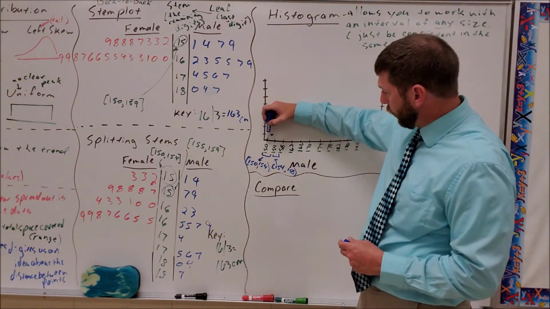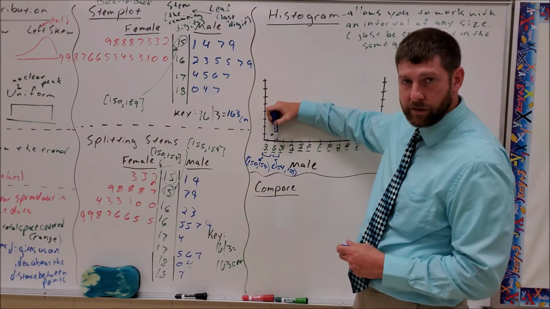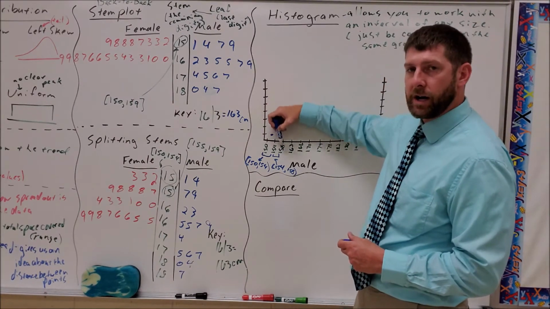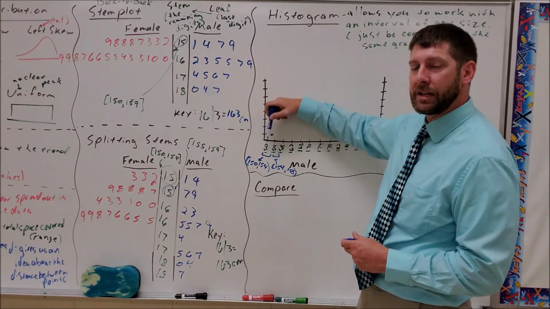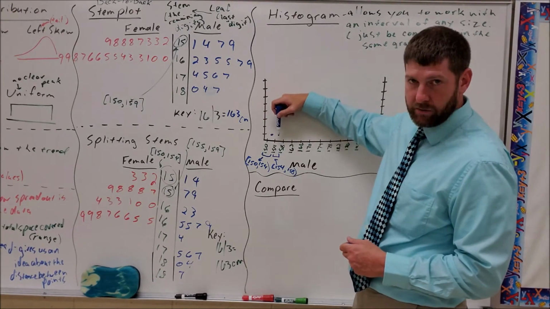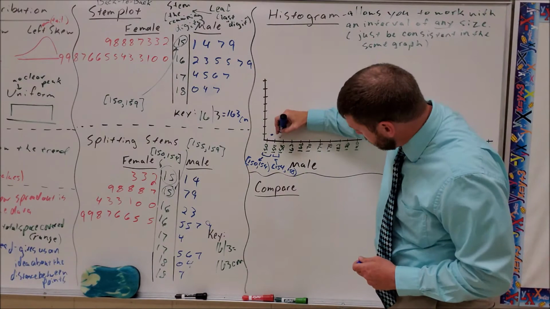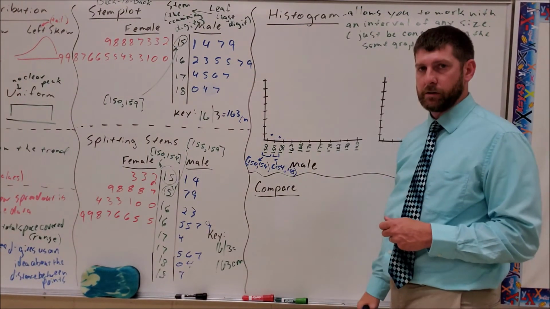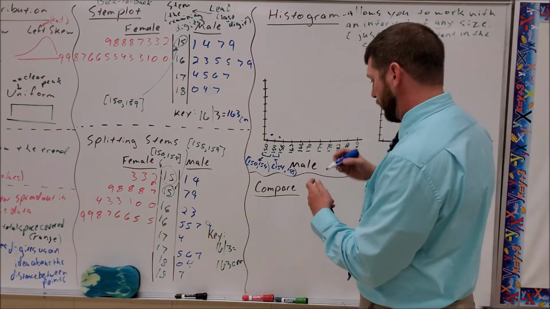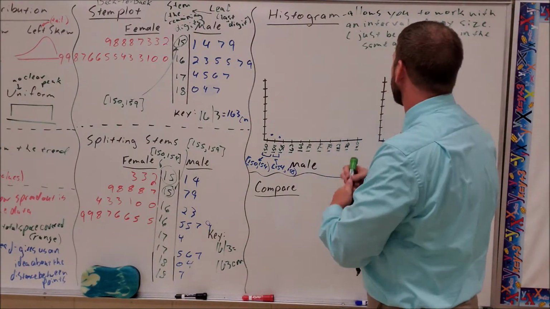Well, 154 would not be between 150 and 154. It's on that right side boundary. Remember I said left inclusive, not right inclusive. So numbers on the right side of the interval get pushed to the next interval. That's how 154 goes in. That's an important thing right there.